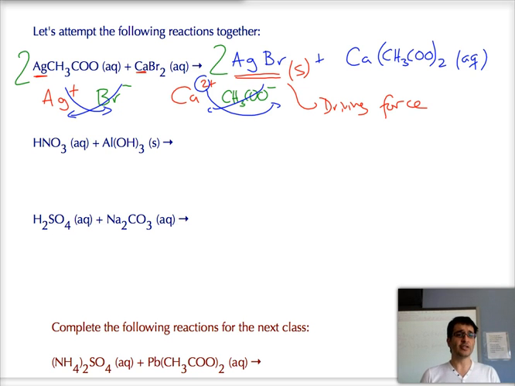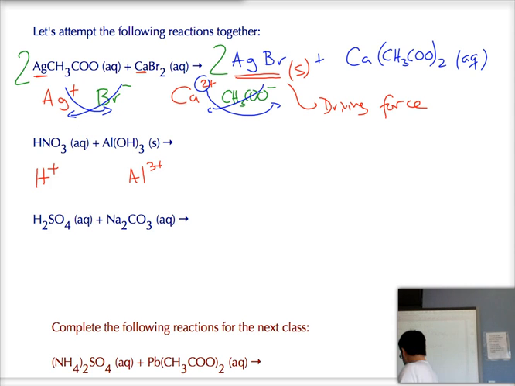Okay, let's try the second reaction. Nitric acid and aluminum hydroxide. All right, so what are the ions that we actually have? The positive ions are going to be H plus, that is coming and separating from the nitric acid, and we're going to have aluminum 3 plus, which is trapped in the hydroxide solid.